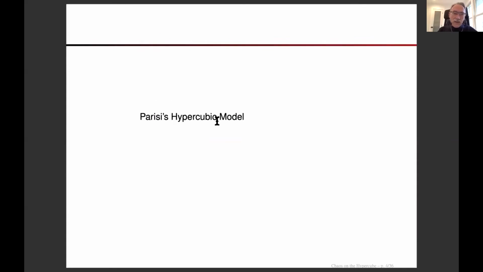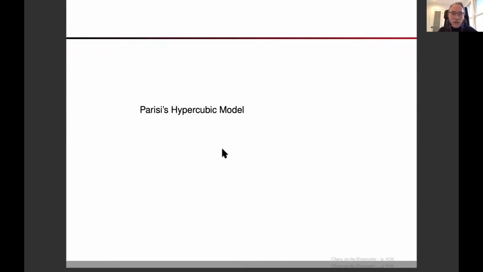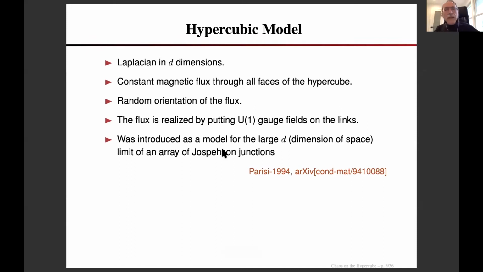As I said, the model was invented by Giorgio Parisi in 2004, and it is a Laplacian in d dimensions, a discretized Laplacian on a d-dimensional cube, where in each dimension you have only 2 points.